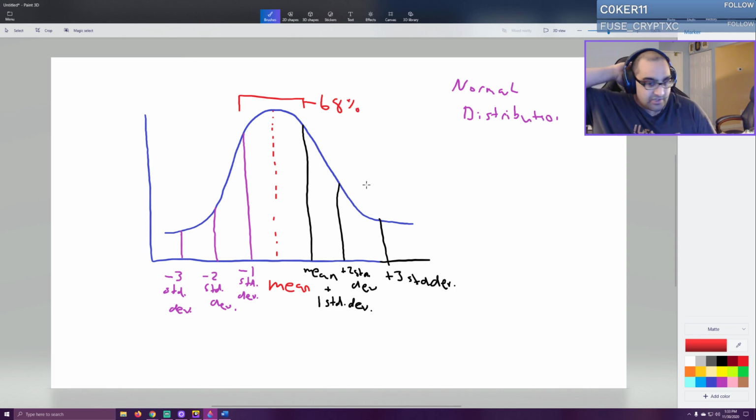So 68% of data items fall within one standard deviation of the mean. What that means is it's between -1 standard deviation and +1 standard deviation. So 68% of all data items will fall underneath that category. We'll see exactly how that works momentarily, but I'm just giving you a heads up.